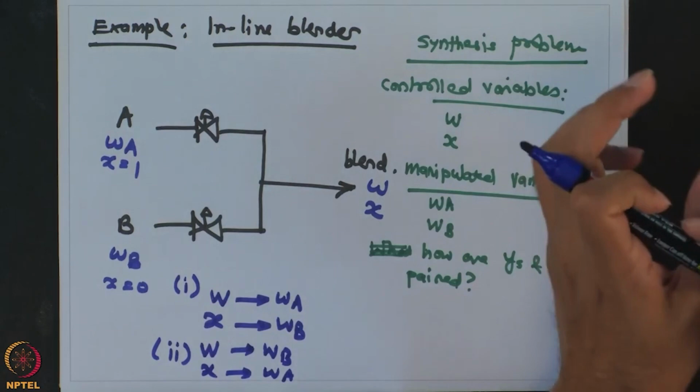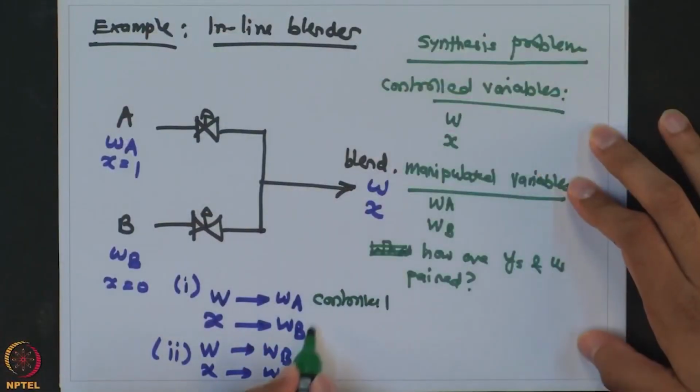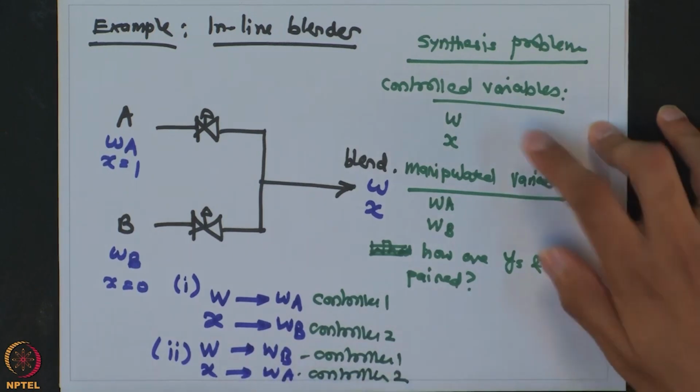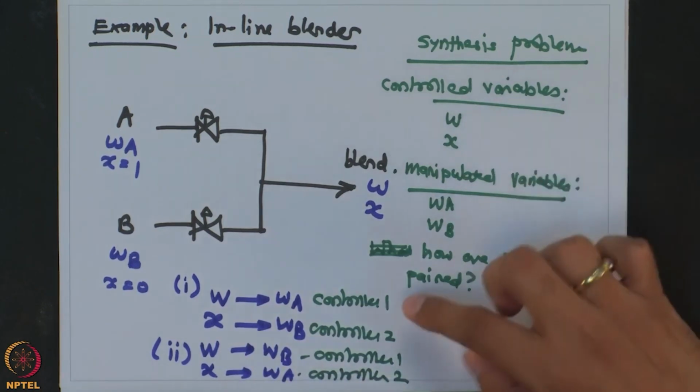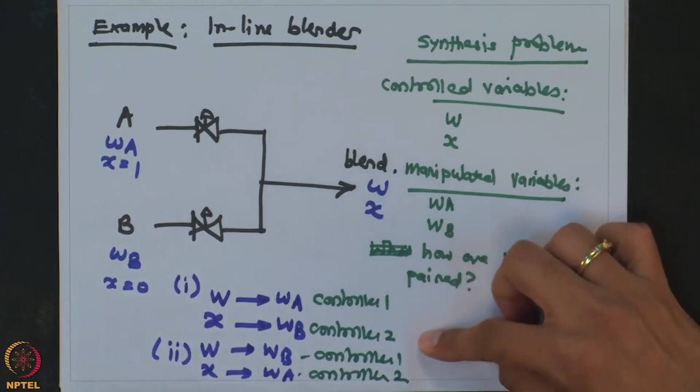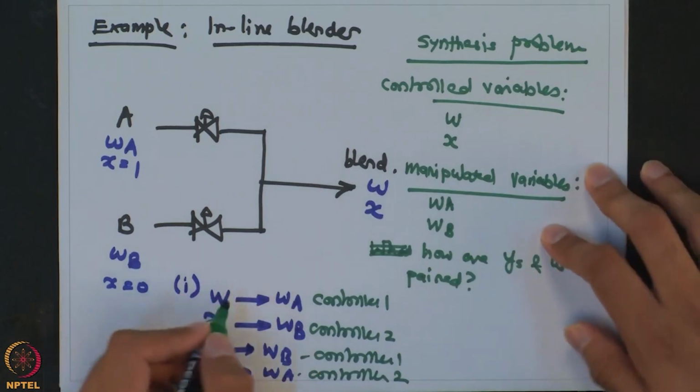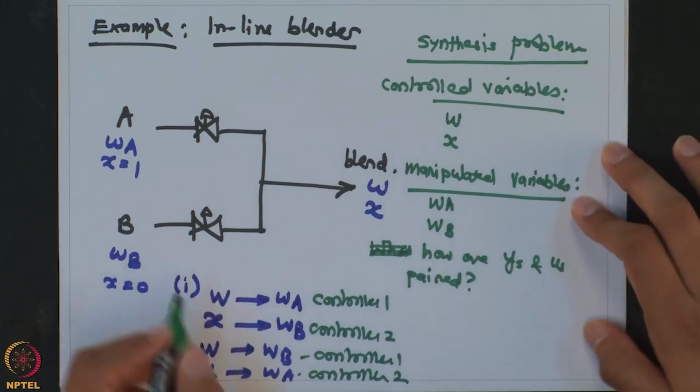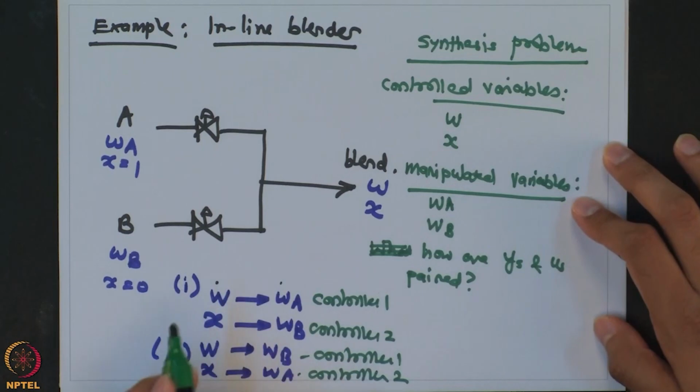In both these options, you will have this as controller 1 and this will be controller 2. As we have two controlled variables, in each of those cases we are going to use two separate controllers, and each of those controllers will have a single output and a single input.